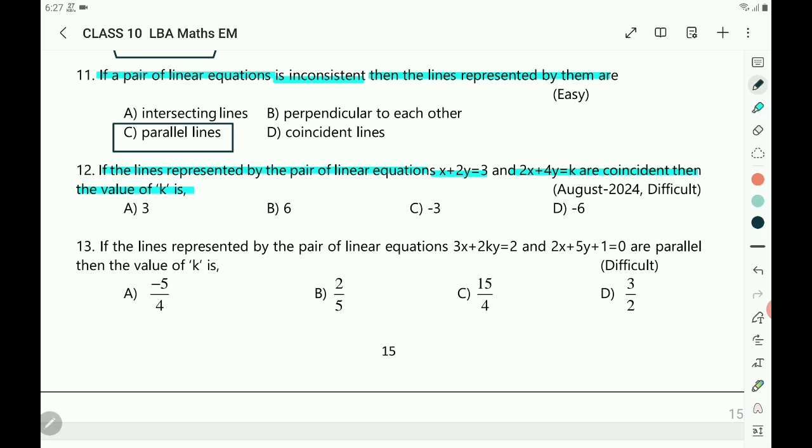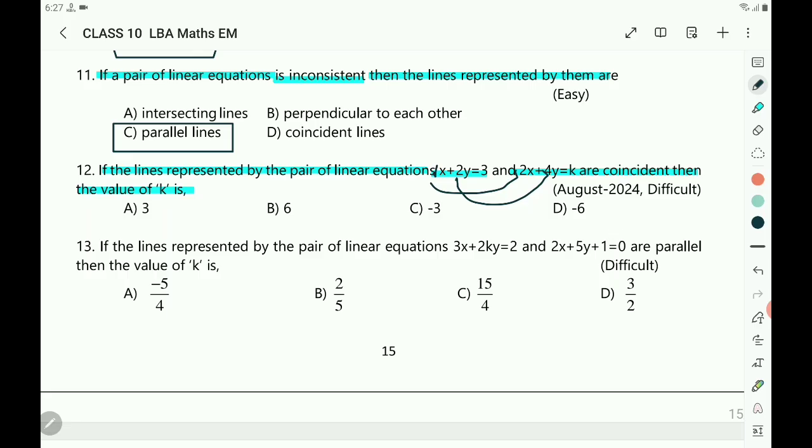Here the coefficient of x is 1, a1 is 1, a1 by a2 is 1 by 2. b1 by b2 is also 1 by 2. And c1 by c2 must be 1 by 2.